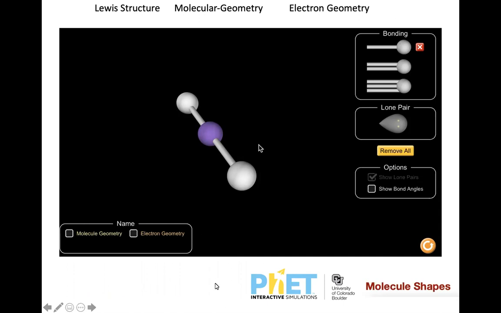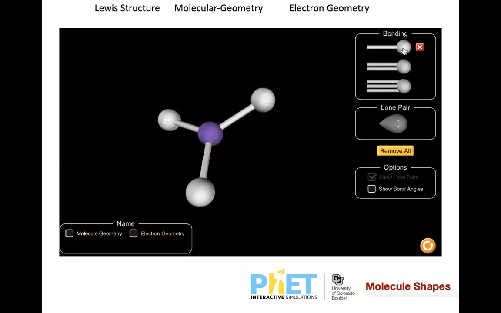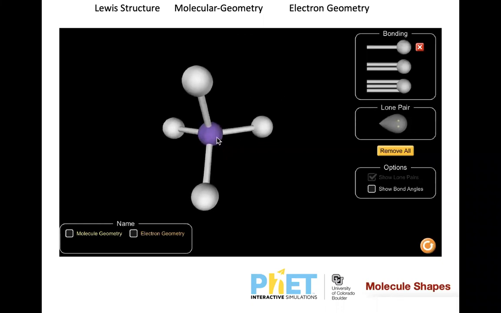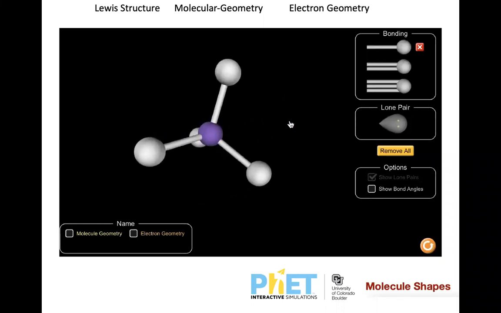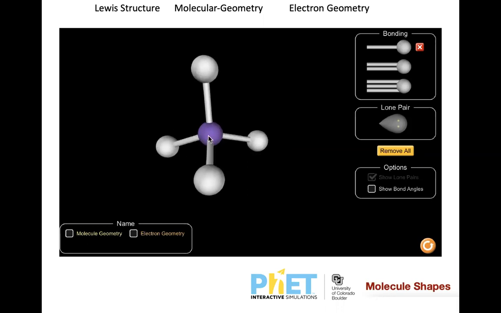This is what I used to explore those ones that we had just a moment ago. The idea is that we can look at either the electron geometry or the molecular geometry. Here I see two bonds. I could add a third bond, a fourth bond. Notice how they all get spread out. This shape here is called a tetrahedral.